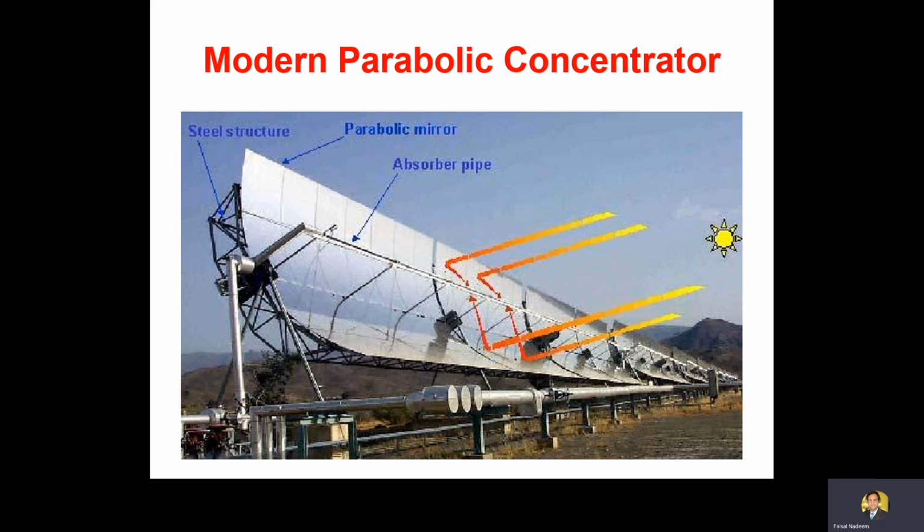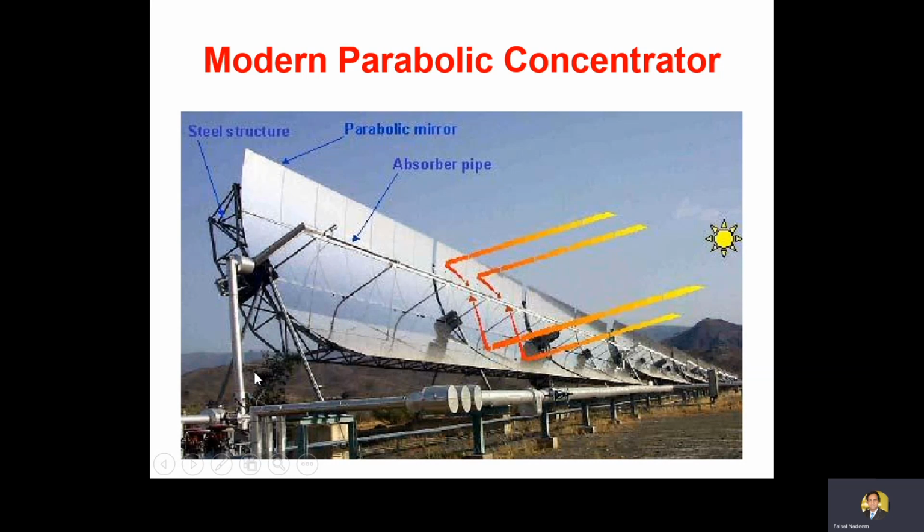So that much increase in temperature can be seen inside these tubes, which are also known as the absorber pipe. These are the parabolic mirrors which are installed on these trough collectors. This is the steel structure of the parabolic trough, and it can be rotated in any direction.